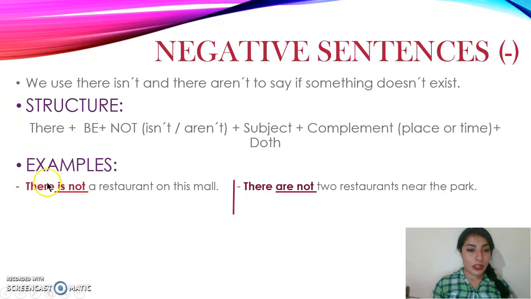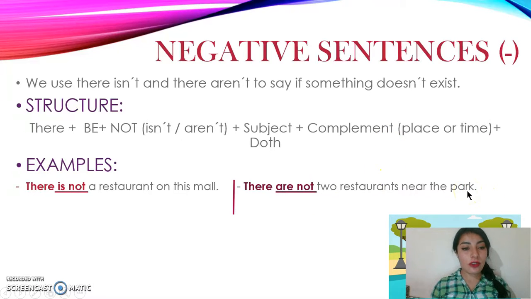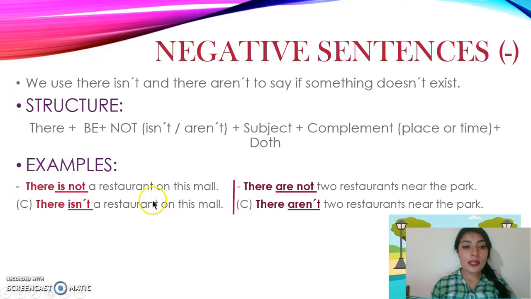Here we have the structure: there plus be not, is not, plus subject, a restaurant, plus complement, in this mall. Here, there plus be not, aren't, plus subject, 2 restaurants, and the complement, near the park. In the contracted form, it could be: there isn't a restaurant in this mall, and there aren't 2 restaurants near the park.